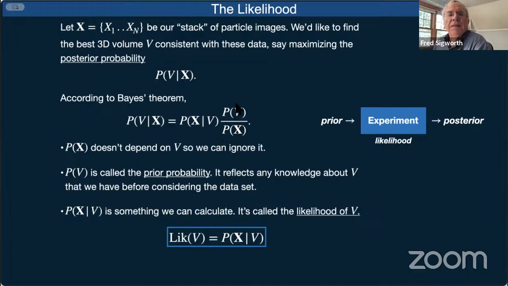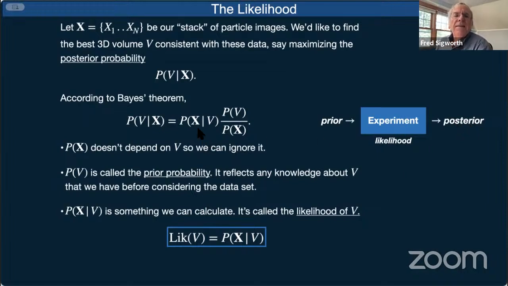What we're going to do is maximize by varying V. We're going to start out with the prior information, which is P of V. We're going to take our experimental data and compute something called the likelihood, which is this thing. And the product of these two then gives us the posterior probability, which we're going to maximize.